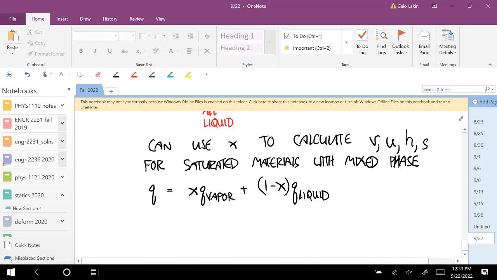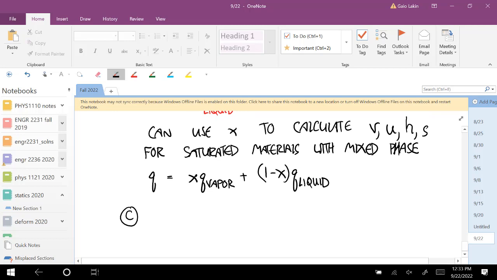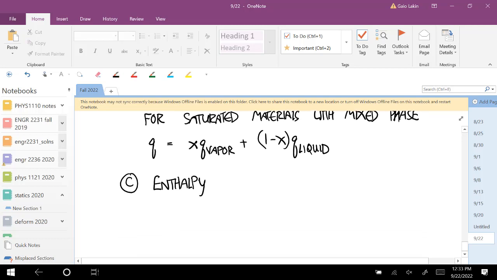Then next we introduced enthalpy. And as an extensive property, capital H is equal to capital U plus pressure times capital volume. And the specific enthalpy is the extensive divided by the mass, and that's equal to specific internal energy plus P times specific volume.